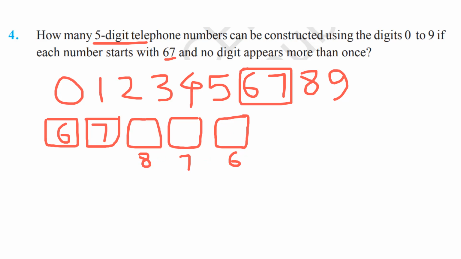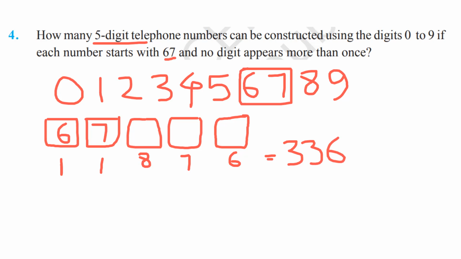So the total number of variations in these 3 positions is 8 multiplied by 7 multiplied by 6. The first two positions can be filled only one way: there is only one option to fill 6 here, and then 7 here. So if we multiply these numbers, 8 into 7 into 6 is equal to 336.